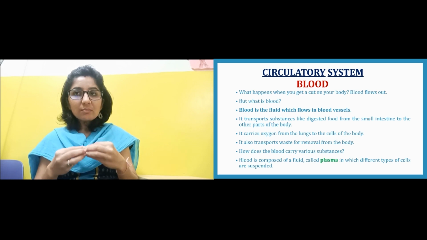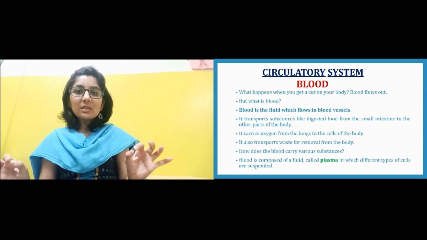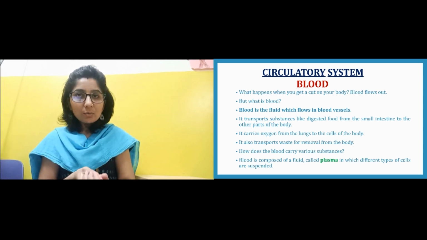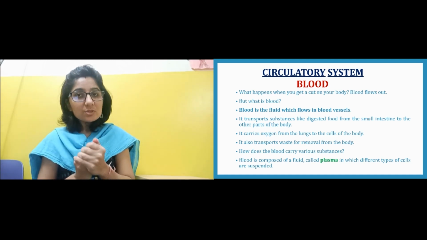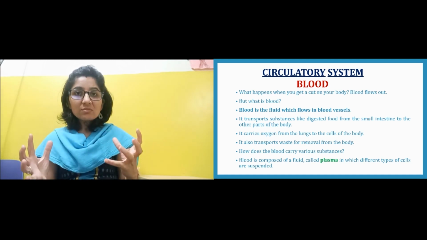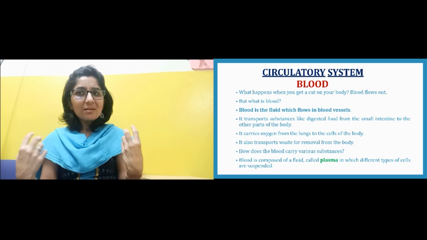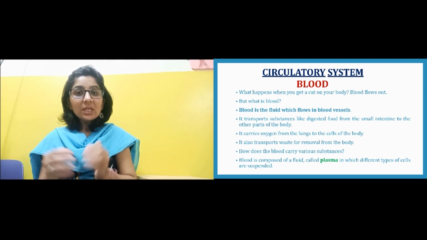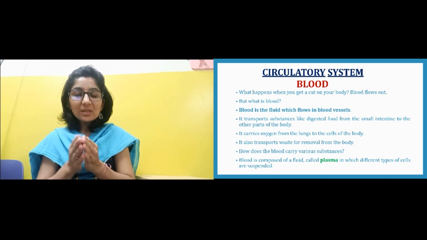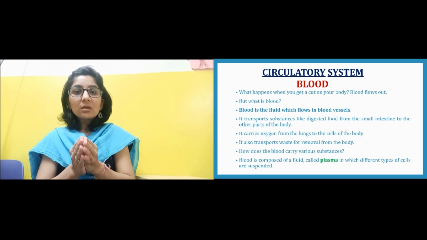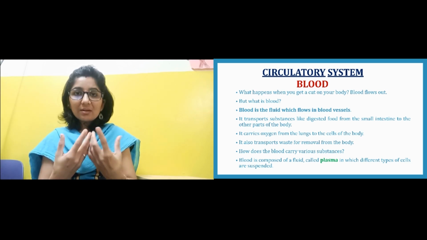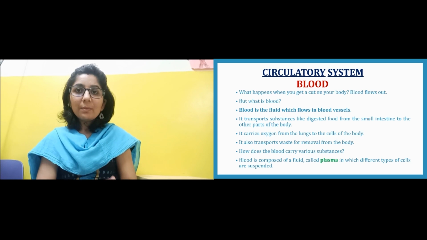So the oxygen from the lungs goes to each and every cell of our body through what? Through the blood only. Yes, and it also transports the waste which is produced in the various cells in the various parts of our body, the waste which has to be removed, and it is transported to the part where it is removed, up to that through the blood only.